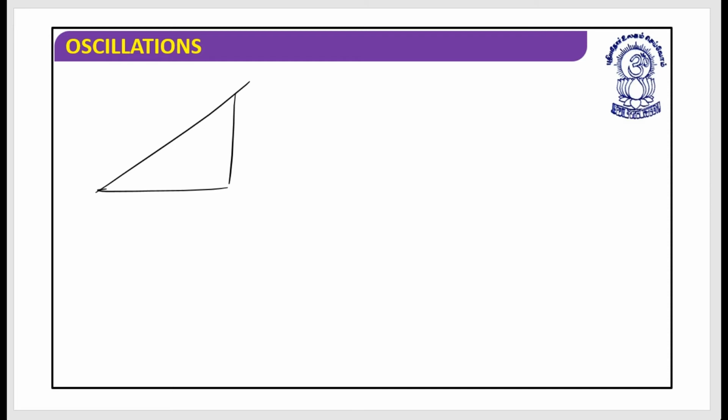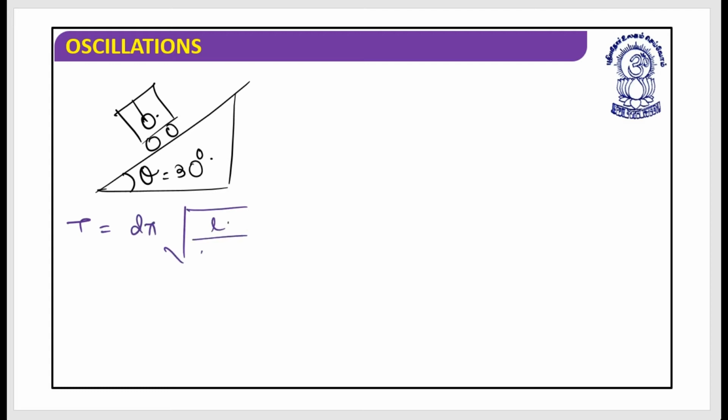Do it quickly. It's theta, and this theta is, let's say, 30 degree. This is a car, and in the car we have a pendulum. What I can write is T equals 2 pi root of L divided by g cos theta. This is 2 pi root of L divided by g into cos of 30 degree.